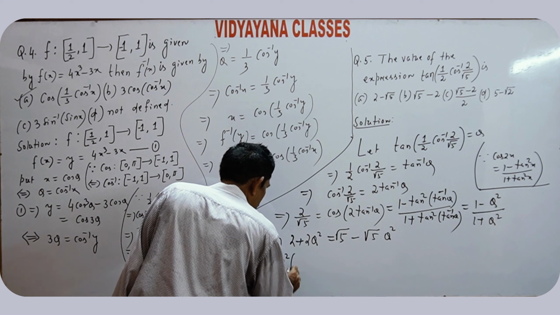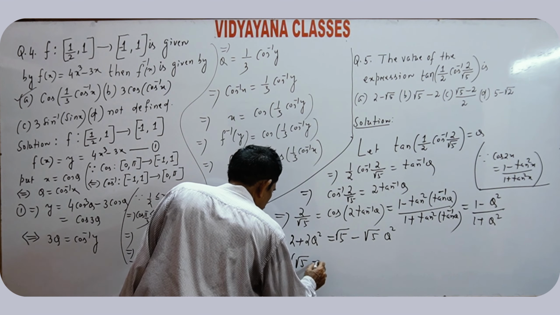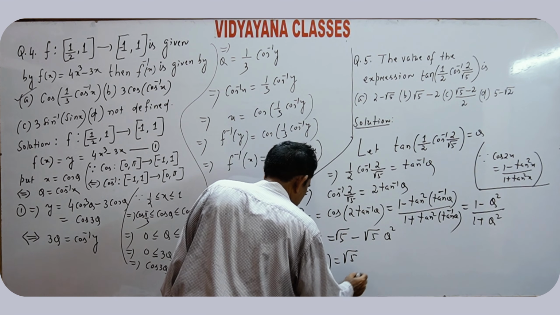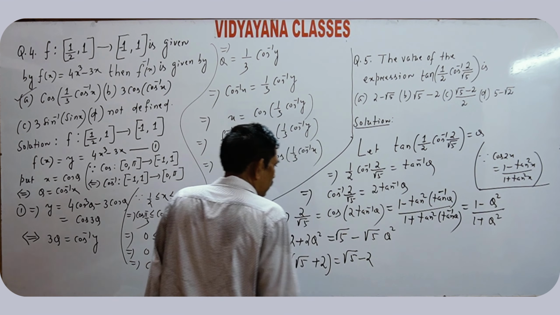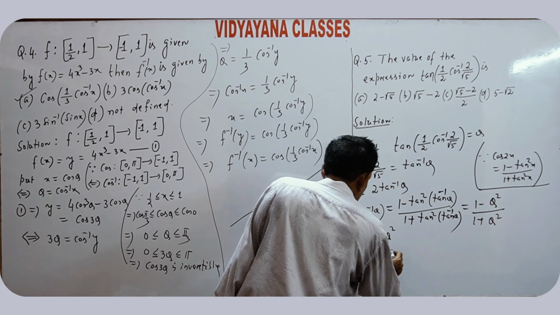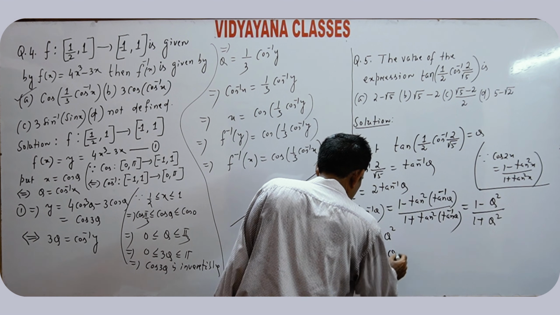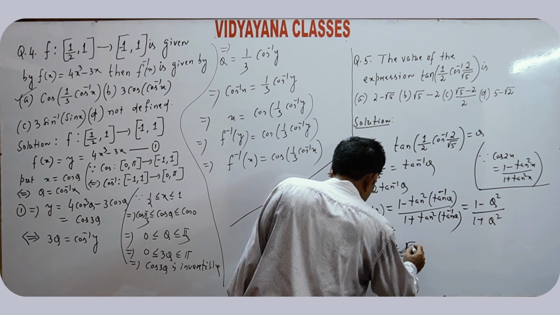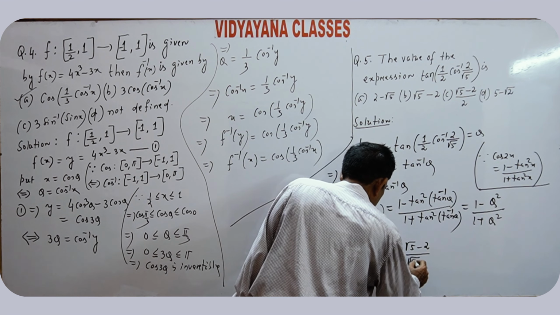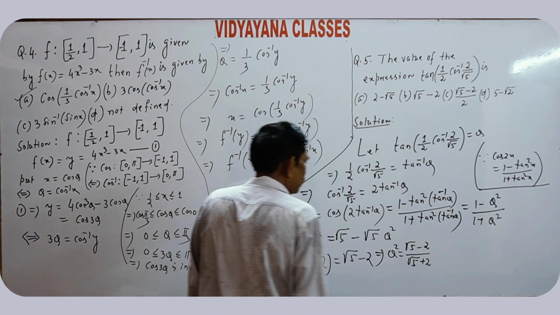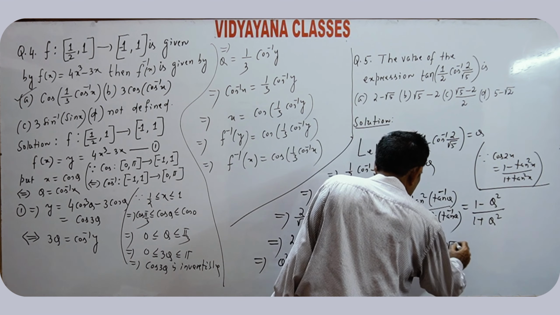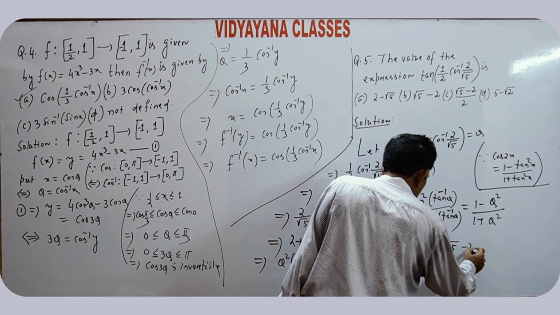Taking theta square common, theta square into root 5 plus 2 is equal to root 5 minus 2, which implies theta square is equal to root 5 minus 2 divided by root 5 plus 2.